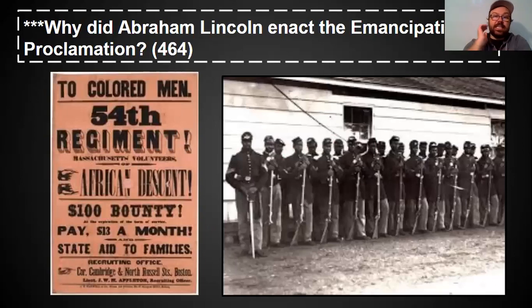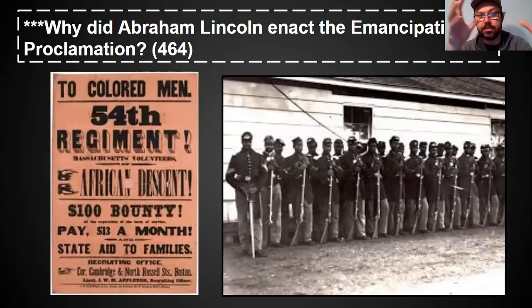Another significant point here is that in 1863, they also started to create their first black battalions, the black regiments in the army. It's the first war where the United States allows African Americans to fight in the war. Now, it should be noted that battalions are still segregated.